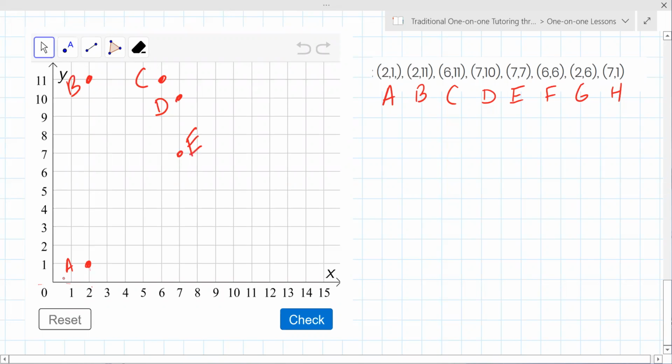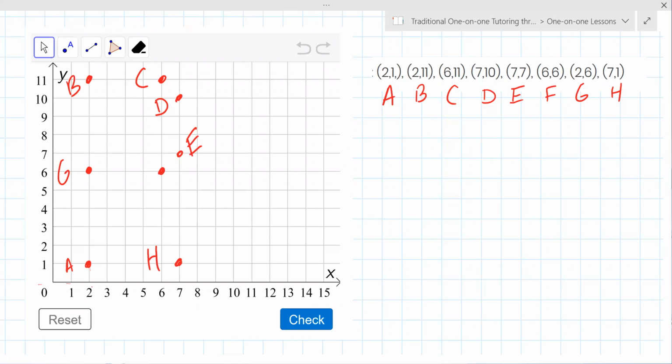F is 6,6, so right 6 and then up 6. G is 2,6. And then H is 7,1. Okay, so you'll just have to label those when you go in there. We've done a bunch of those.